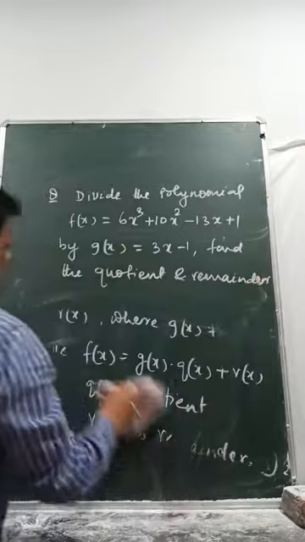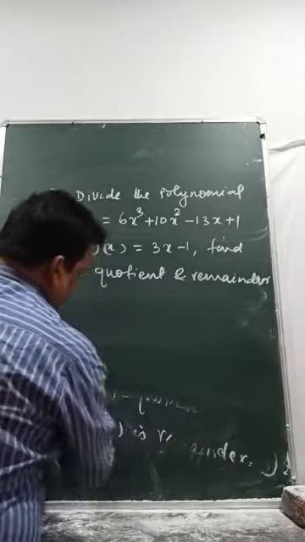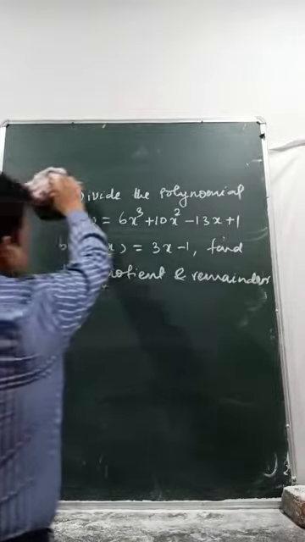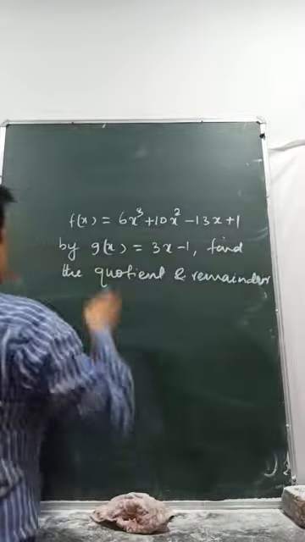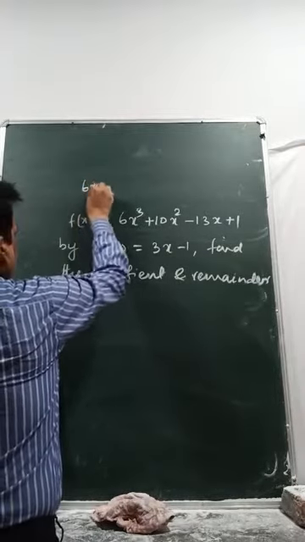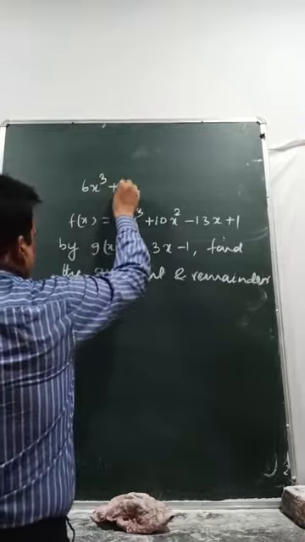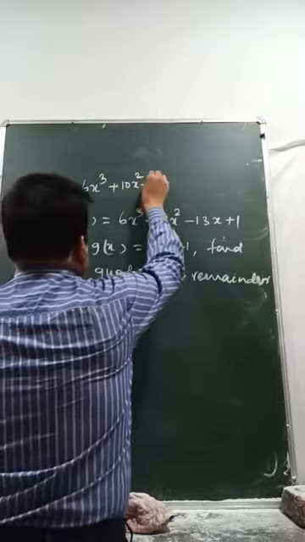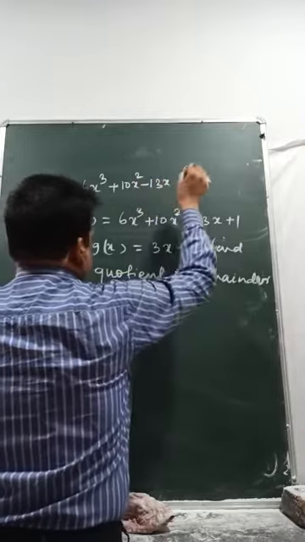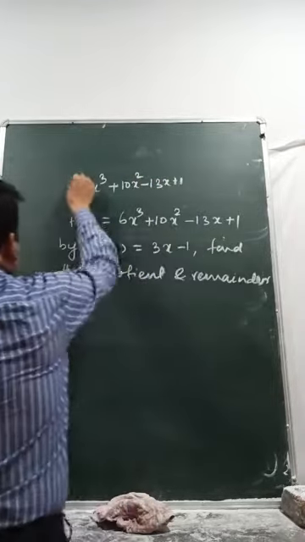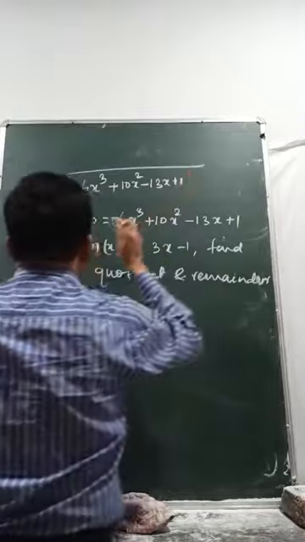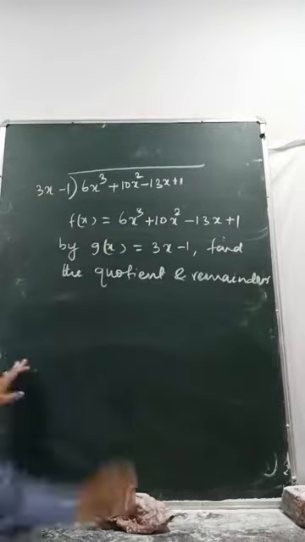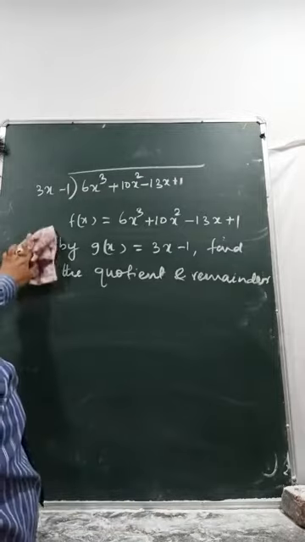Okay, look at the question here. Let me write this again: 6x cube plus 10x square minus 13x plus 1. You have to divide it by 3x minus 1. See the method.